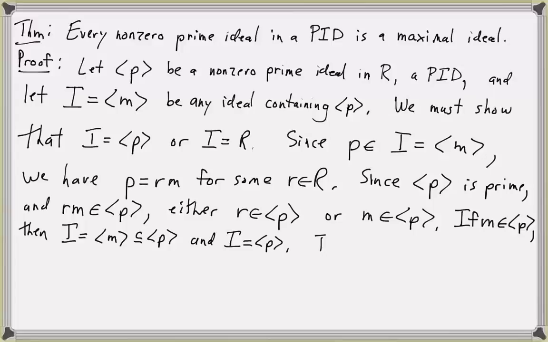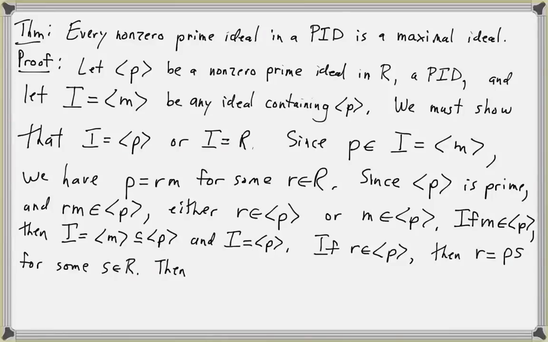If, however, R is in the ideal generated by P, then we could write R as a multiple of P. So R equals, say, PS for some element S in the ring. Then P, which equals RM, can be rewritten as P times S times M. But recall we're in an integral domain, so we have the cancellation law.